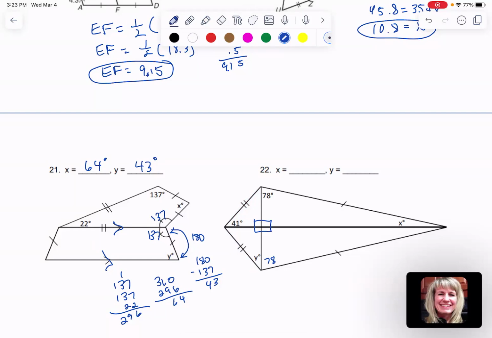So I can do 90 minus 78 to get that this angle here is 12. So X is 12. When I do this one over here, I know that to get this angle right here, I could do 90 minus 41. So this is 49, which makes this one 49 over here. So Y will be 49.